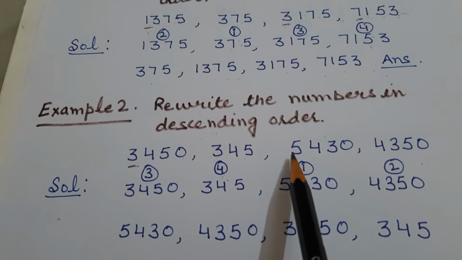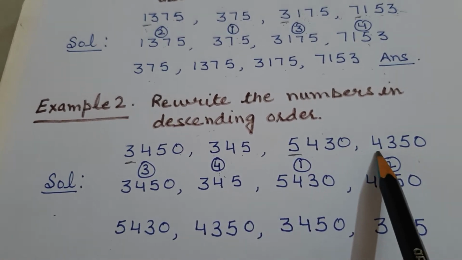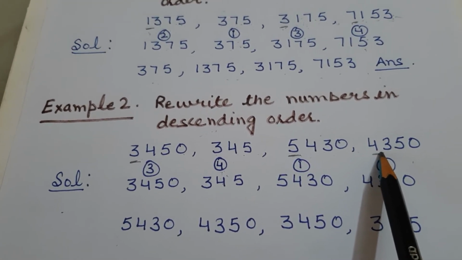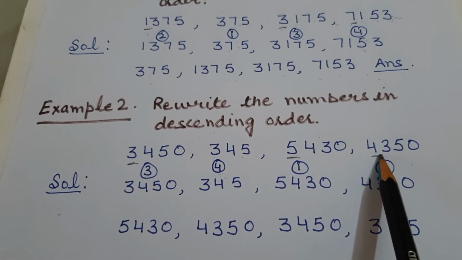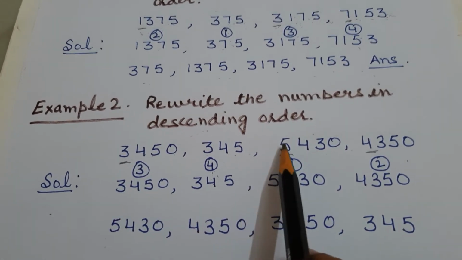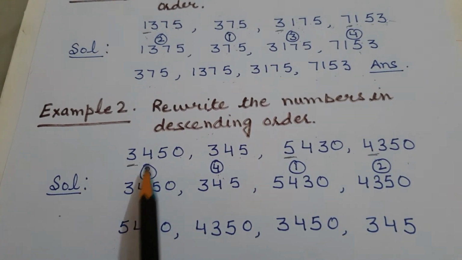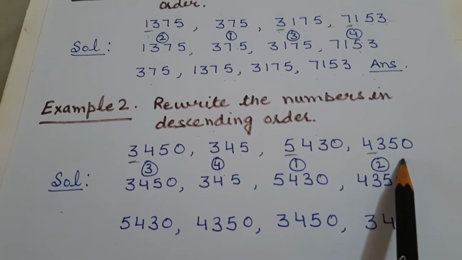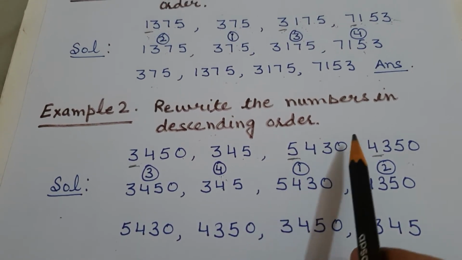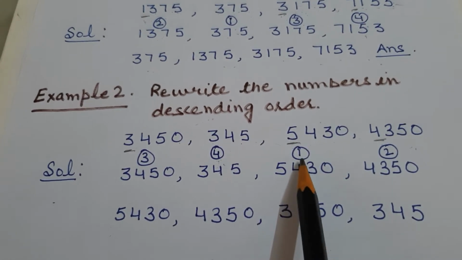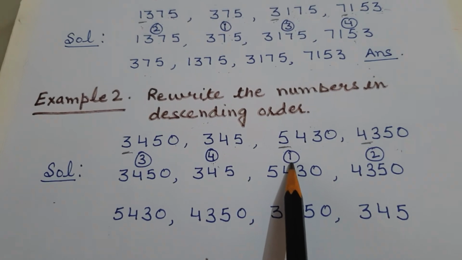Now out of these three numbers we will compare the first value, the first place of these numbers. This is 3, 5, 4. Which is the biggest out of these? 5. So this whole number will come on first place.